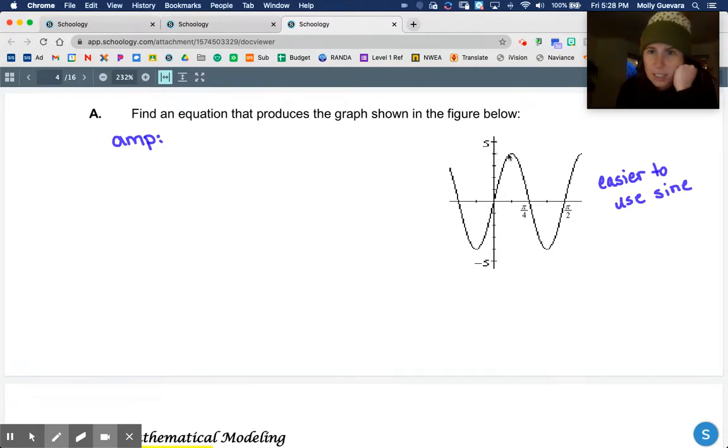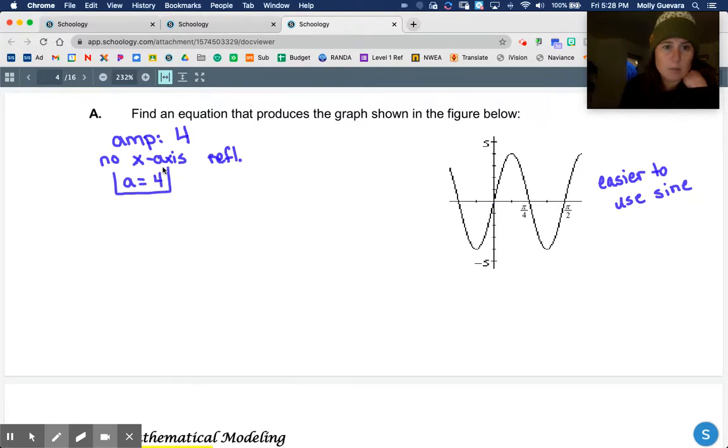In this case, it's going to 4 and -4. So my amplitude is 4. There's no x-axis reflection because it starts at 0 and it goes up, just like normal. So we can make a note of that, no x-axis reflection. So that means that my A is 4, positive 4.